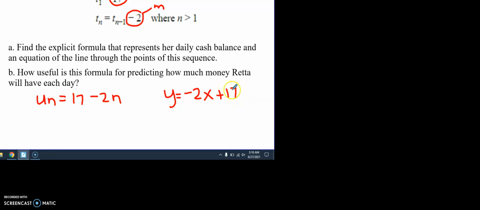So how useful, again, I think that's more of an opinion question, but if I put in, for example, 10 days here, I can see how much money she will have. So 17 minus 2 times 10. So 17 minus 20 is -$3.